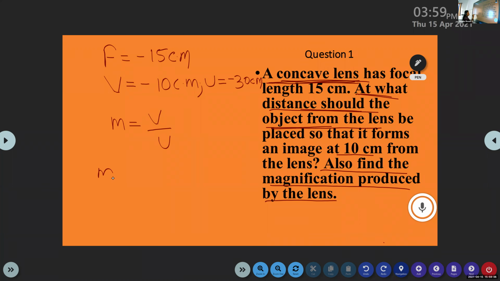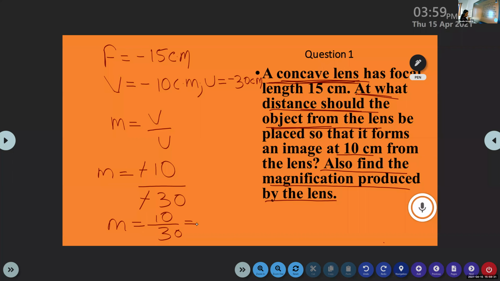So substitute the value of image distance and object distance. What is the value of V? Negative 10 divided by U, negative 30. Very good. Then what happens to this negative sign? They will cancel. So M is equal to 10 divided by 30.